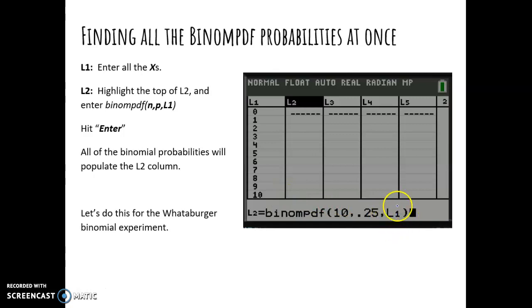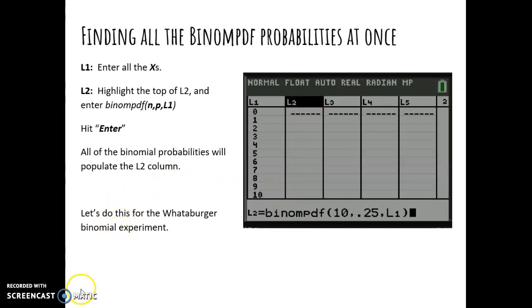You're going to need to put where those are located, and they are located in L1, and it will substitute each one of these numbers into this formula at the bottom and then populate the L2 with all the answers.